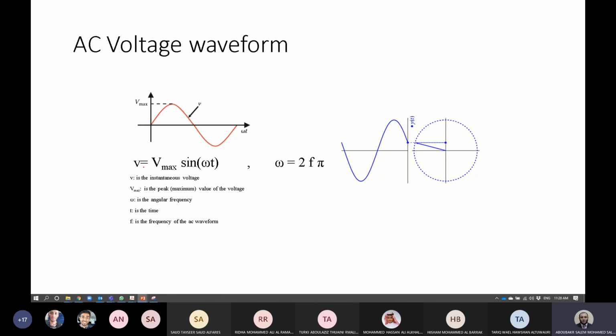If you have an AC supply, V equals V maximum sine omega t, where V maximum is the peak value of the sine wave, omega is the frequency, and omega t is the angle, where omega equals 2 times pi times f. So it's nothing but a vector, and this vector is rotating, as you can see, with the speed of omega. This is the meaning of a rotating vector.